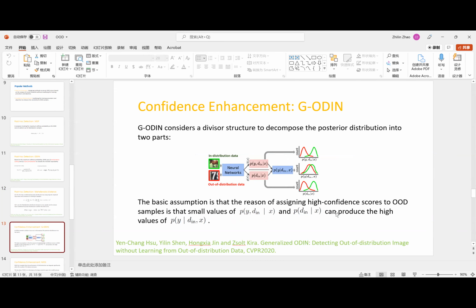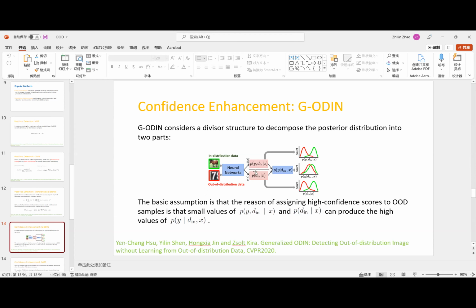This method divides the posterior distribution, I mean the predicted probability, into two parts. The algorithm assumes that your network provides high confidence predictions for all samples because the two parts will be small at the same time.